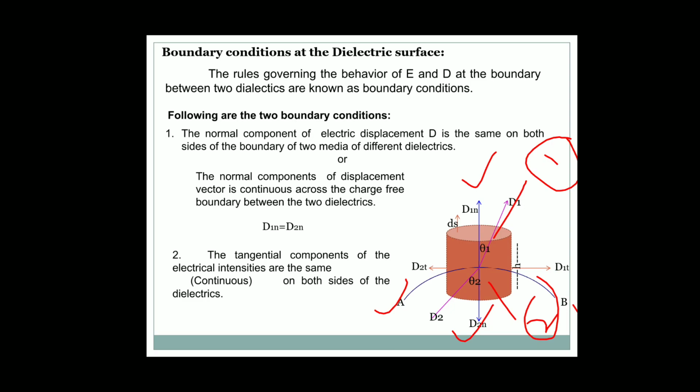It may be written as E1t, the tangential component of the electric field E1 in dielectric 1, and E2t, the tangential component of the electric field in dielectric 2. So E1t is equal to E2t. This gives the second boundary condition.